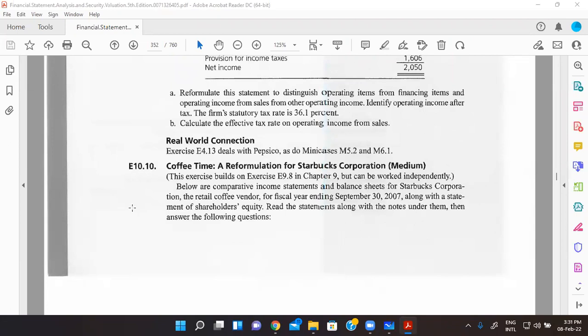So do you know which one is bigger between McDonald's and Starbucks? Between McDonald's and Starbucks, which one is bigger? McDonald's is the bigger, and Starbucks is followed by McDonald's, or McDonald's is followed by Starbucks.